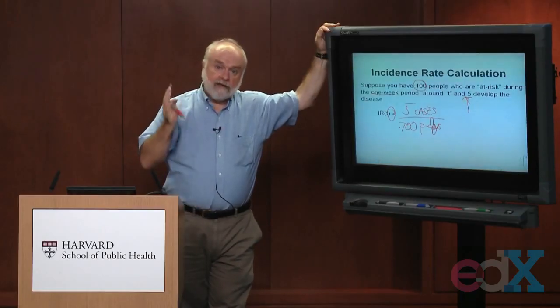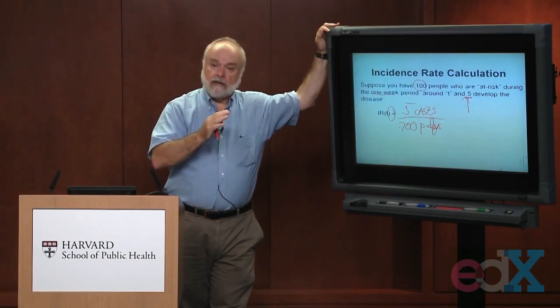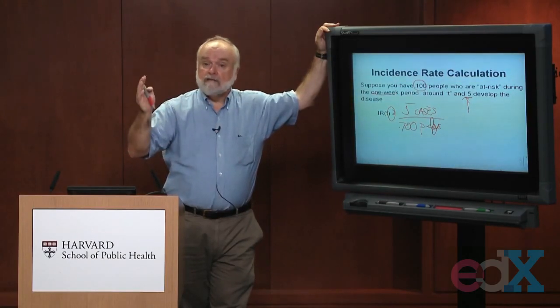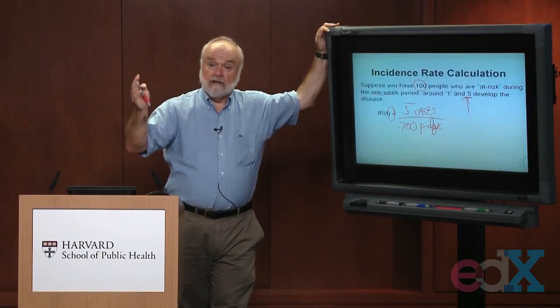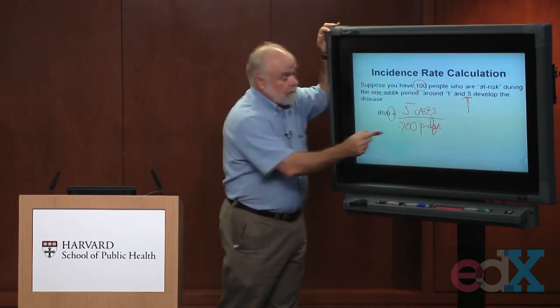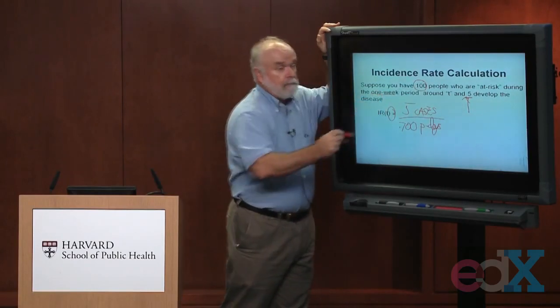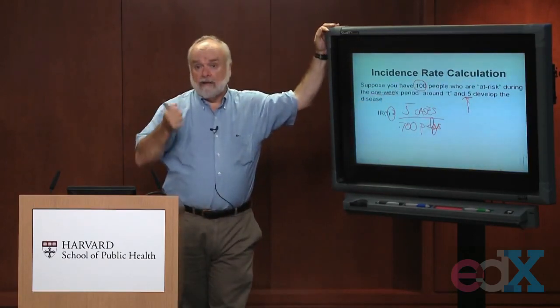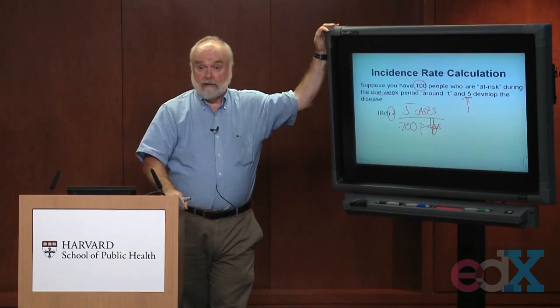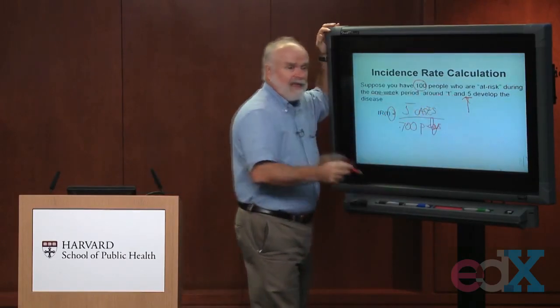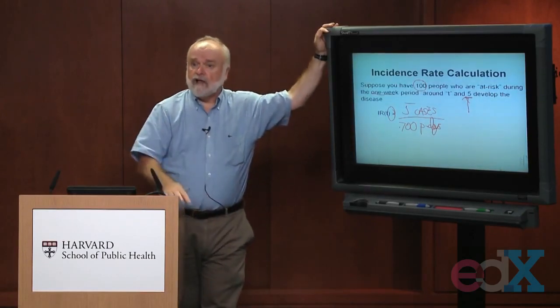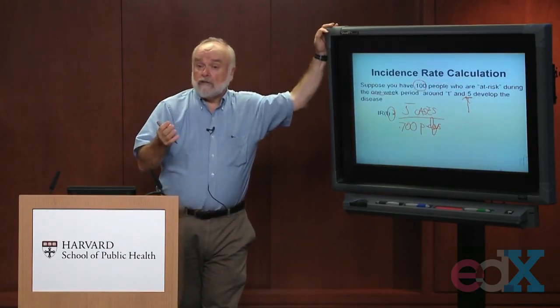Those 5 people, if they developed it at the beginning of that week, do not give me 7 days of follow-up for which they are at risk of developing disease. So what I'm doing here is I'm taking 100 people, multiplying them by 1 week being 7 days. Therefore, 100 times 7 days is 700. But realize 5 of these people are not going to give me a full 7 days of follow-up. Their follow-up is going to be shorter than 7 days.